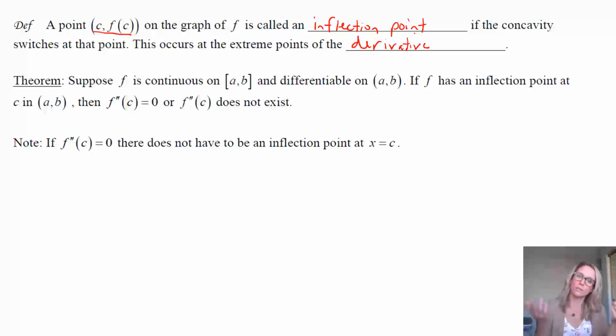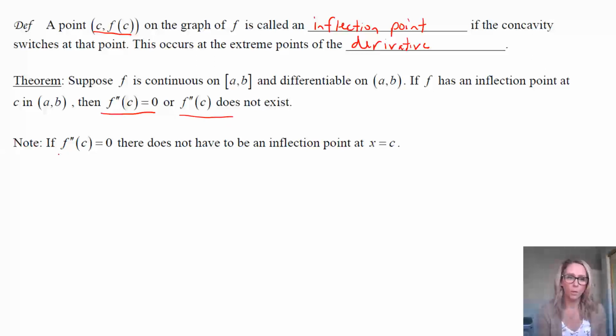So really you can just think it is the second derivative that you're setting to 0. So a theorem we have is if we have a function that is continuous and differentiable on some interval, if there is an inflection point on that interval at some value, then either the second derivative is 0 at that point, or the second derivative does not exist at that point.